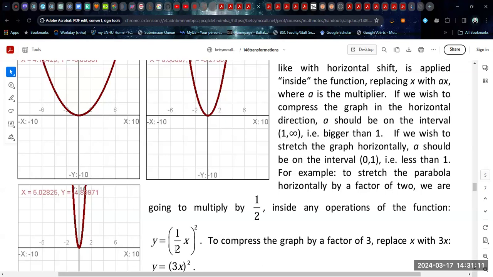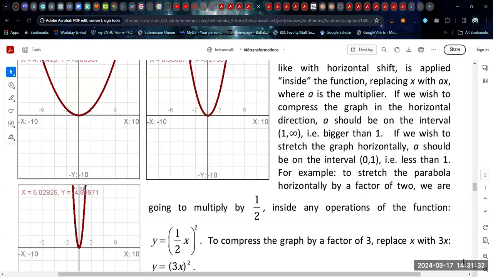But when I multiply by 1/2, I'm saying, no, I don't want to get 1 until I get to 2, because 1/2 times 2 is now 1. And so that's going to make the value of 1 further away from the origin. And so that's going to stretch out the graph horizontally.